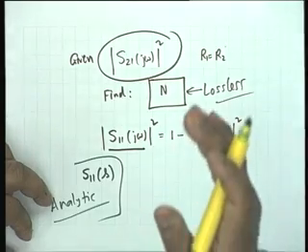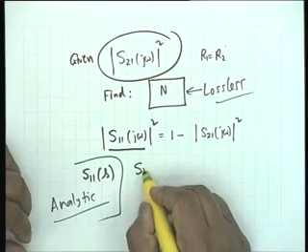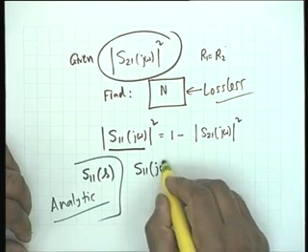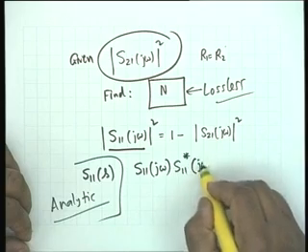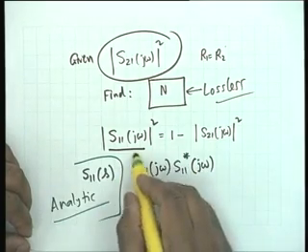Okay. So, without going into details, our network functions are very well behaved. Otherwise, engineers would not have liked them. Engineers would not use them if they are not well behaved. It turns out that S11(s) is indeed well behaved. That is, it is analytic, and therefore, for an analytic function, one can go from partial specification to complete specification, which means that I write this expression as S11(j omega) S11*(j omega), the left hand side.